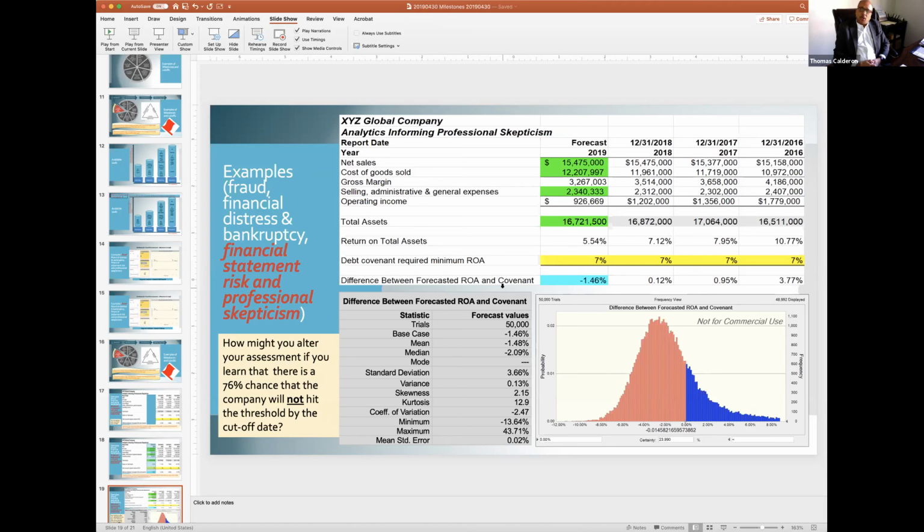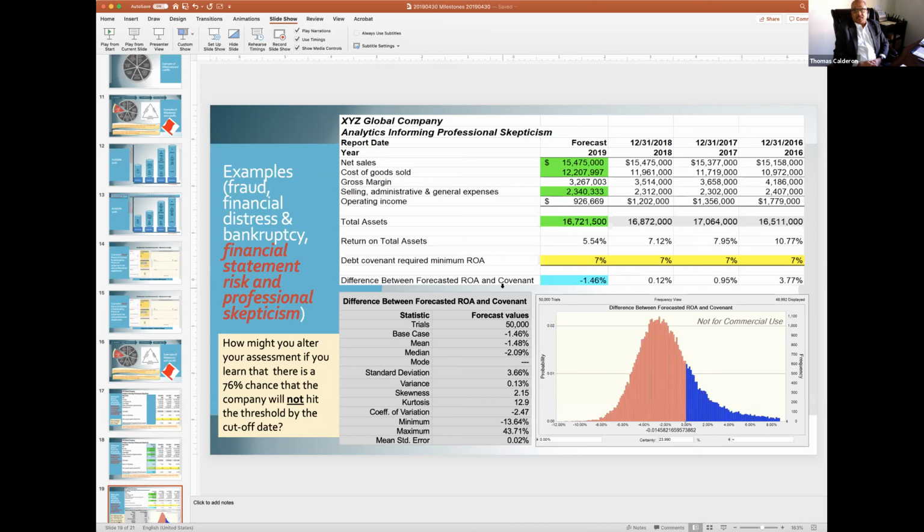Now, if there is only a 23% chance that a company is going to hit its return on assets threshold, and the company's literal lifeblood depends on hitting that threshold, recognize that management would feel significant pressure to increase their ROA.